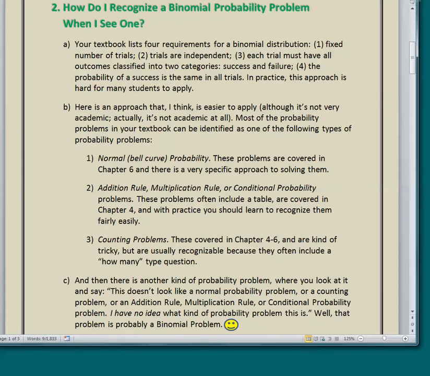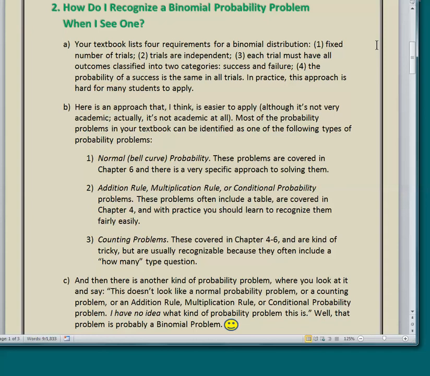So how do you recognize a binomial probability problem when you see one? The real answer to this is practice. You're just going to have to do a bunch of problems and you will begin to become aware of the pattern of binomial problems. But let's go through it. Your textbook lists 4 requirements for a binomial distribution, and I'm pretty much just going to be reading here, and I'll throw in a comment every now and then.